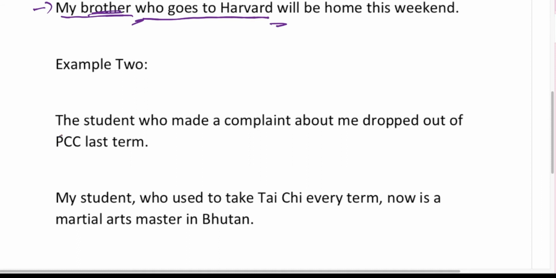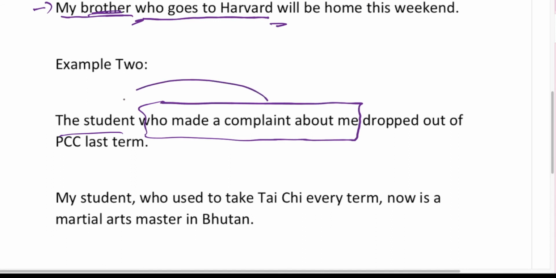So this I'm trying to distinguish by telling you about a student who dropped out of PCC. And I want you to know which student I'm talking about. Like every term, tons of students drop out of PCC, but I'm talking to you about a particular student, and I want you to know which one I'm talking about because it's the one who made the complaint about me.